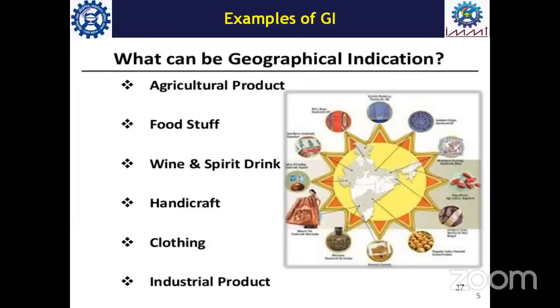If you are from Tamil Nadu, Tirunelveli halwa is a GI. If you are from Kerala, Alleppey coir is a GI. Mysore Malligi is a GI. Madurai Malligi is a GI. If you are from Bengal, Bengali Rasagulla. If you are from Maharashtra, Puneri Pagdi. So likewise, a large number of GIs are there. As I told you, there are more than 400 GIs.